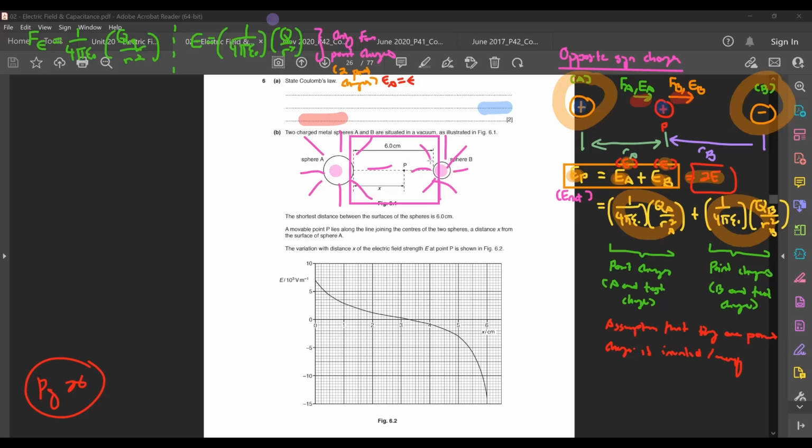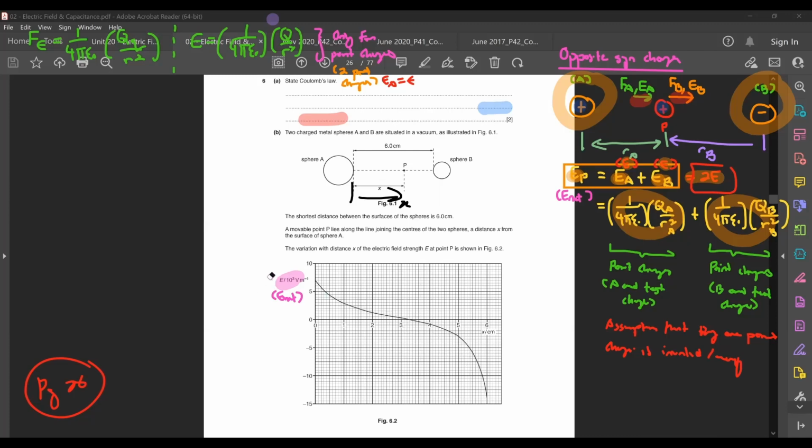So the graph shows the electric field strength in this region, the resulting electric field strength, E net, with distance x. Your distance x is measured from sphere A. As distance x increases, this is how your field strength versus distance looks.